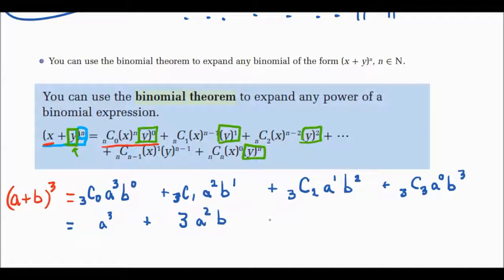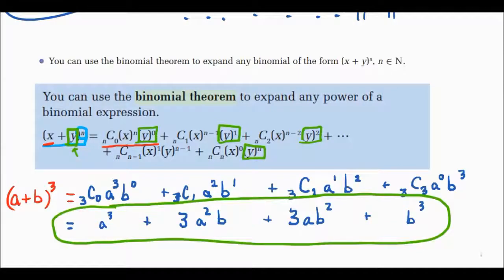You don't have to write to the power of 1 in this step. 3 choose 2 is also 3 a b squared plus 1 b cubed, and because 1's the coefficient, we do not have to show it. All right, so that should be the expansion right there.